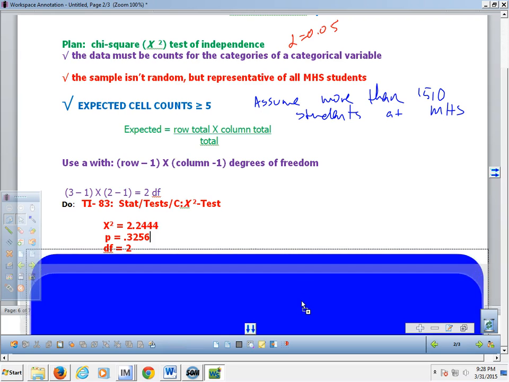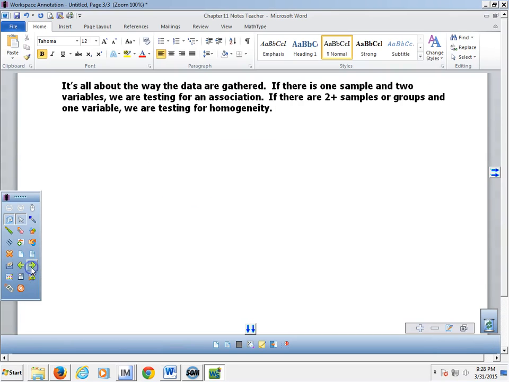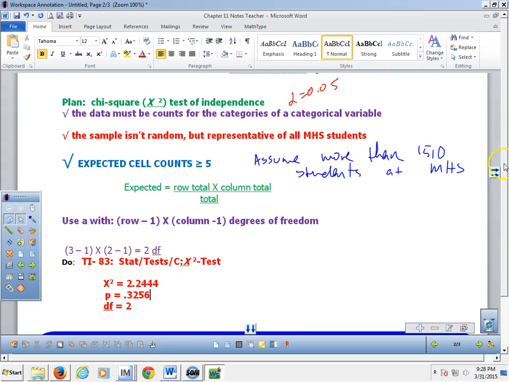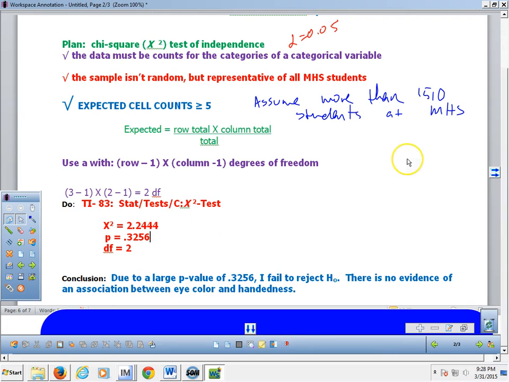We are going to fail to reject the null. And so we do not have enough evidence to suggest that there's an association between eye color and handedness, as we might have expected. But anyway, quick run through on a test for an association or independence.